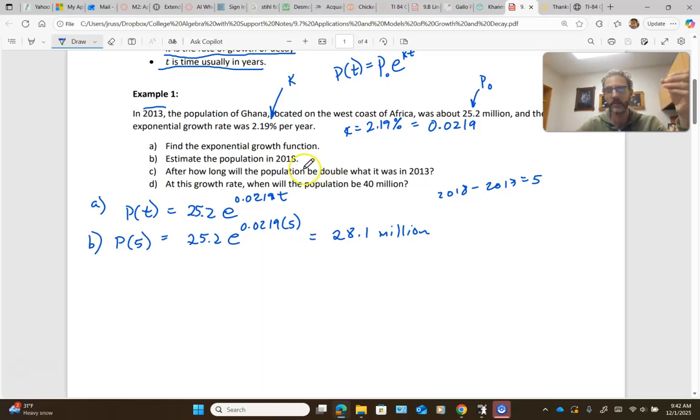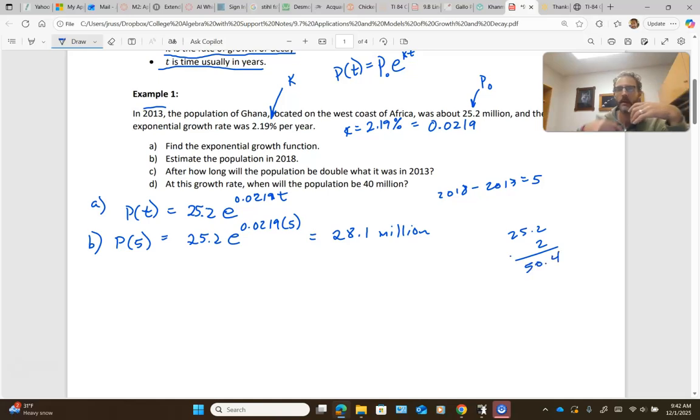We're trying to do just the opposite: figure out how much time has to pass before the population doubles. So first, what would doubling the population be? If it's 25.2 million and we multiply it by 2, that will be 50.4 million.